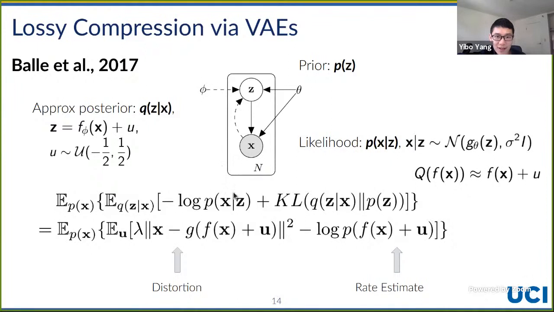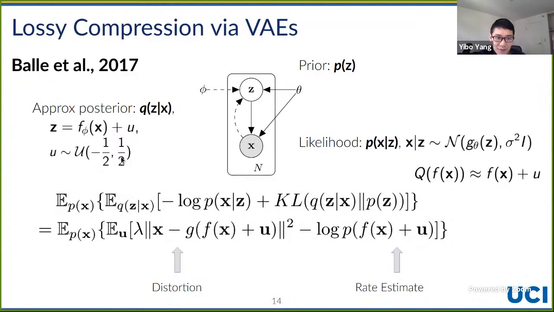That is, if we look at a particular approximate posterior, if you use a posterior that has the form of a uniform distribution, so that the neural network given X computes the mean of the posterior distribution, and this posterior distribution, like I said, can be represented as this posterior mean plus some uniform noise that is distributed between negative 0.5 and positive 0.5.